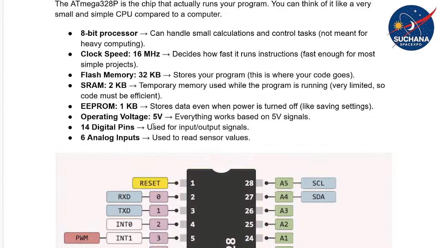Okay, so how fast an instruction can execute depends upon the frequency of the crystal oscillator, or the clock speed. You can only determine how fast the instructions will execute in a particular microcontroller architecture based upon the frequency of the crystal oscillator, which we technically call the clock speed. For Arduino UNO, it's 16 megahertz. For ESP modules, they are higher.